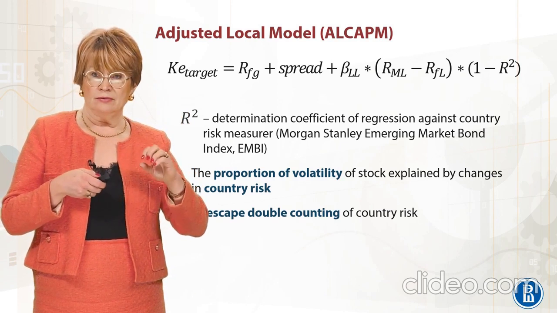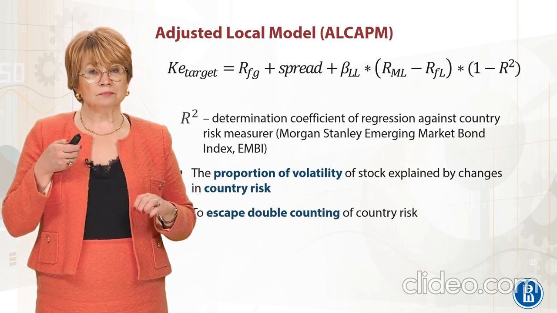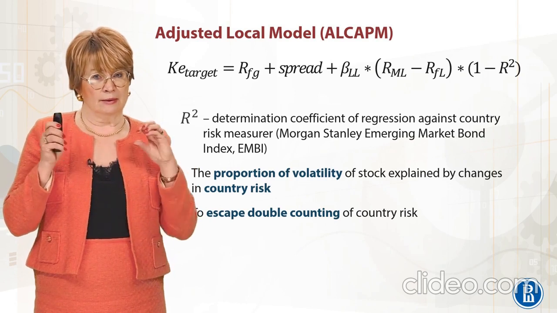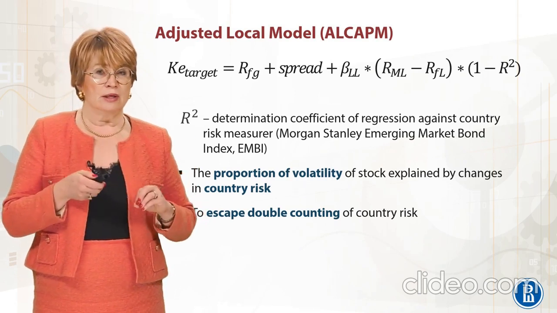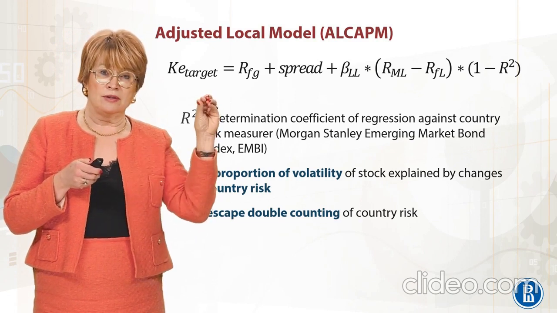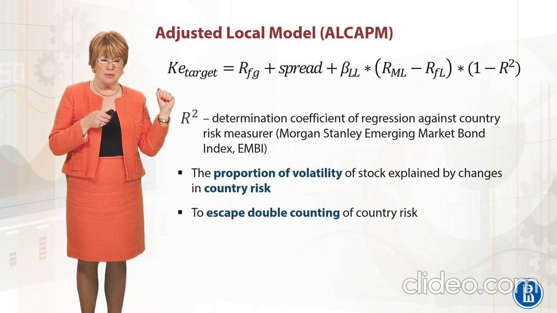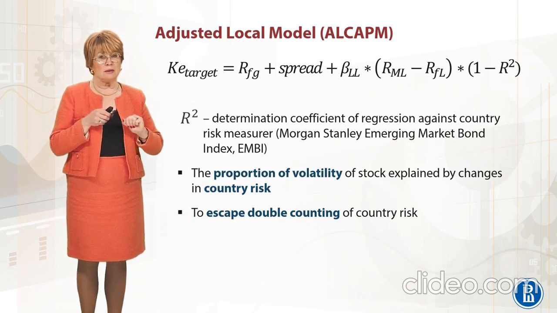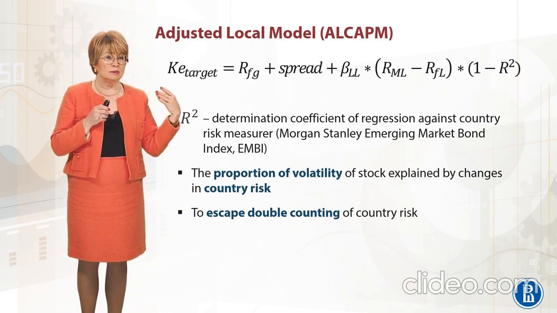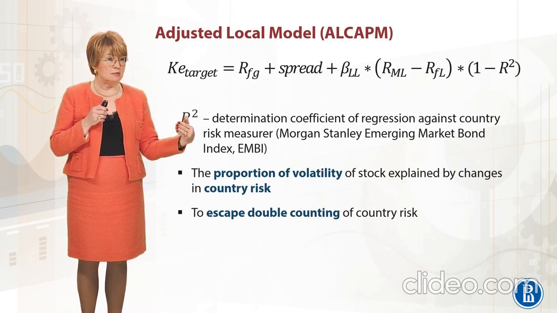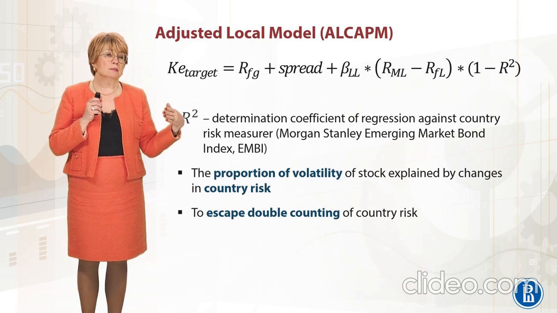So if you are trying to decrease the impact of the country risk over the final result, which is the cost of equity of some target company A in the segmented emerging capital market, then the analysts of Morgan Stanley, a very famous investment bank, and some other equity researchers would recommend adjusting it in the way shown here.